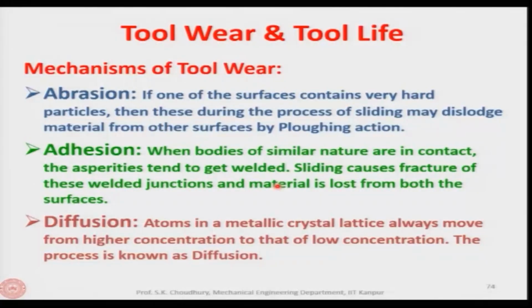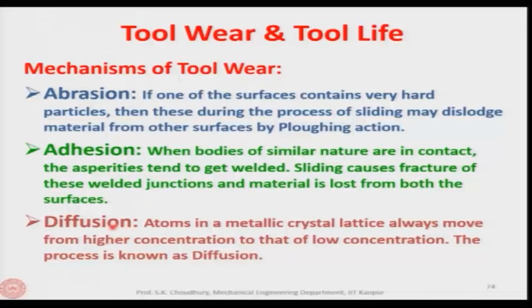So during the cutting process, when it is interacting with the workpiece, the atoms from the tool, which is at the higher density, will move into the lower atomic density of the workpiece material, and therefore the tool wears out. That is called diffusion, and it is one of the mechanisms of tool wear.